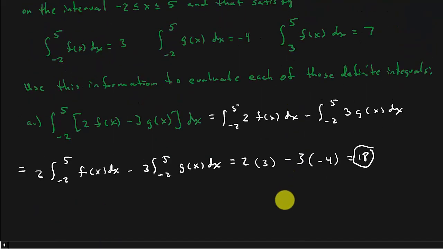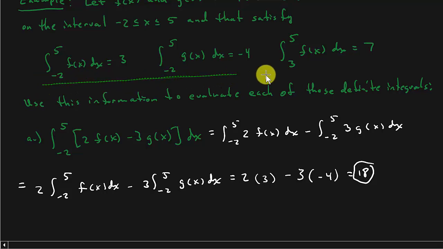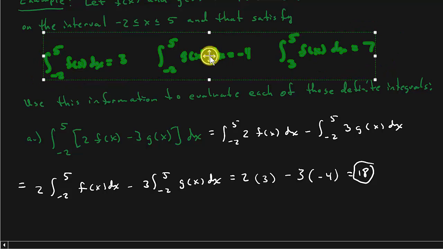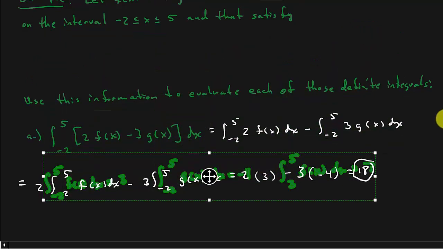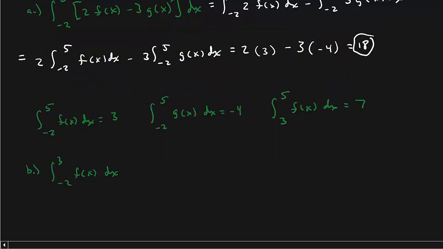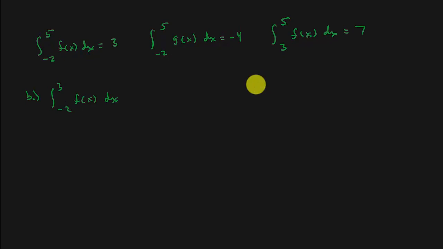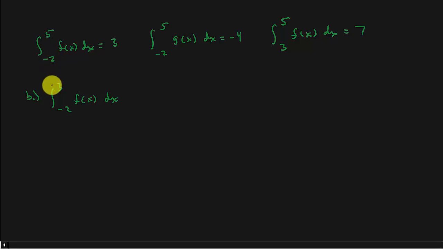And to look at this next one, we're going to need all of this. So let's bring this down so we can see it here. All right. So I've got the integral negative 2 to 3 of f of x dx. Now notice I don't have a negative 2 to 3 anywhere down here.